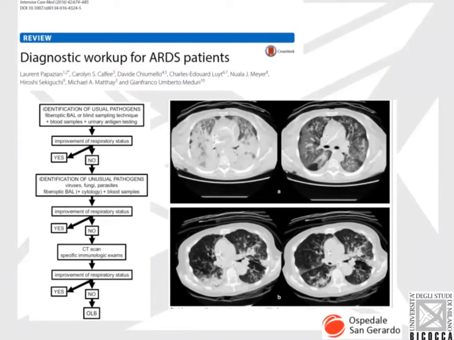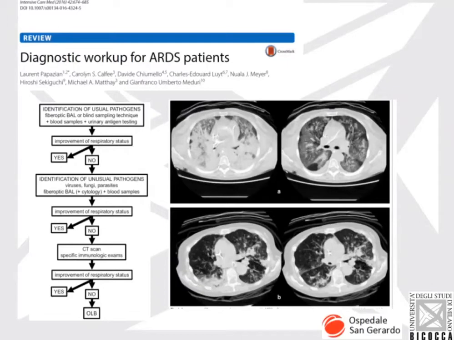And to summarize on CT scan, I would say that this is the approach which we normally follow. We don't have a CT scan in all patients. We just try to follow the bedside feasible diagnostic workup: bronchoalveolar lavage, measurement of respiratory mechanics, optimization of ventilatory settings at the bedside.